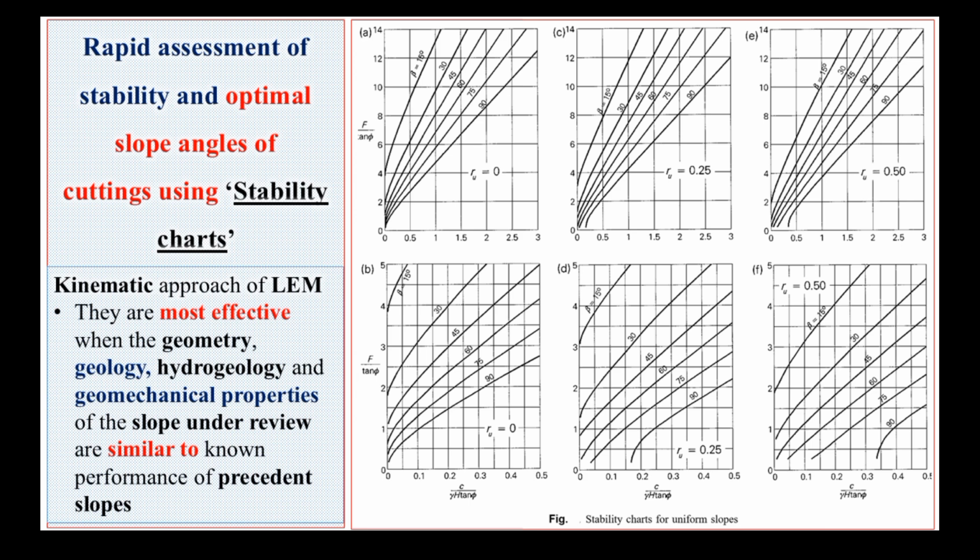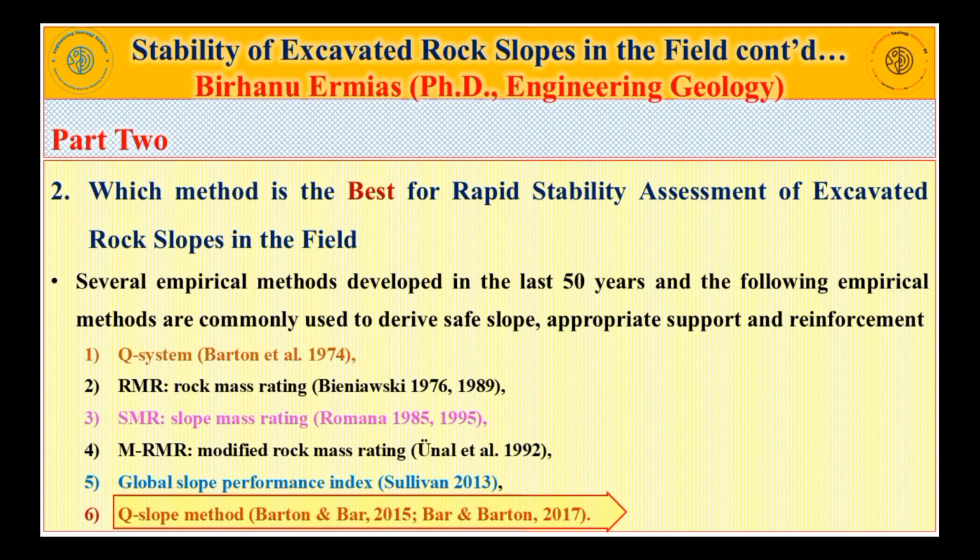Therefore, there should be another method that is applicable by the site engineer or site engineering geologists who are responsible to conduct the rapid assessment and make optimal slope angles for the cutting of the excavation of the slope without the excavation being stopped. So that type of method is required, and there are several empirically derived methods developed in the last 50 years, and the following empirical methods are commonly used to derive safe slope, appropriate support, and reinforcement.